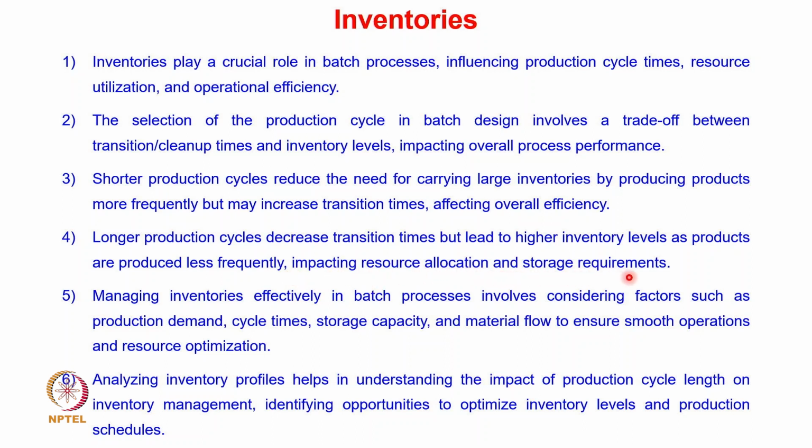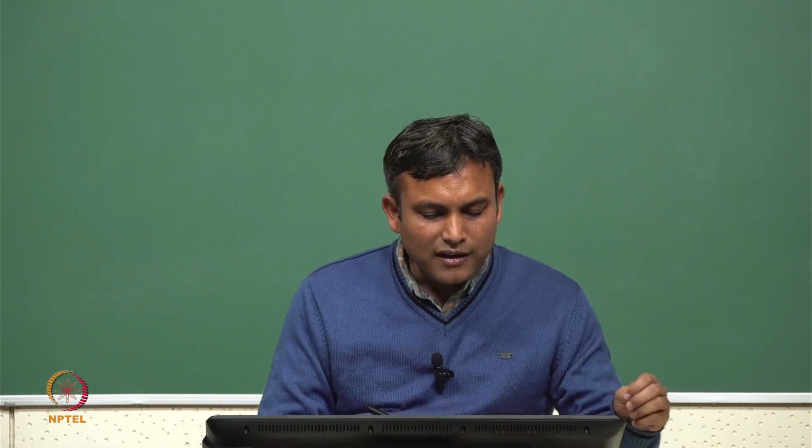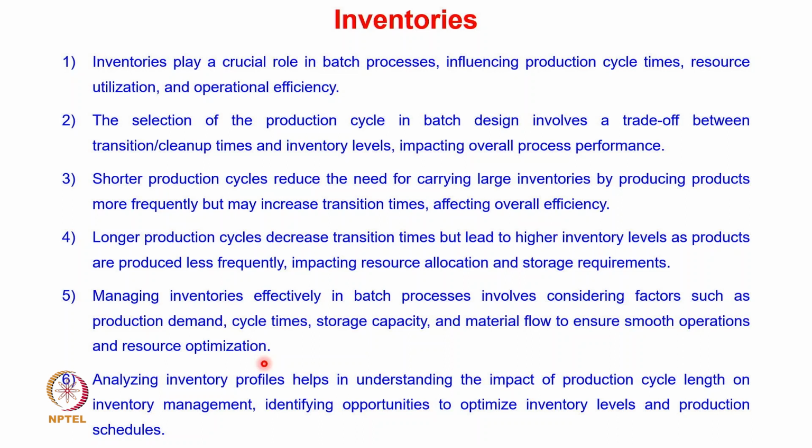the resource allocation and the storage requirements. So managing inventories efficiently in a batch process involves considering factors such as production demand, cycle time, storage capacity, and material flows to ensure smooth operation and resource optimization. Clearly, what size of inventories we should have has an impact on production efficiency, and managing the inventory is also an important aspect of optimizing the process.